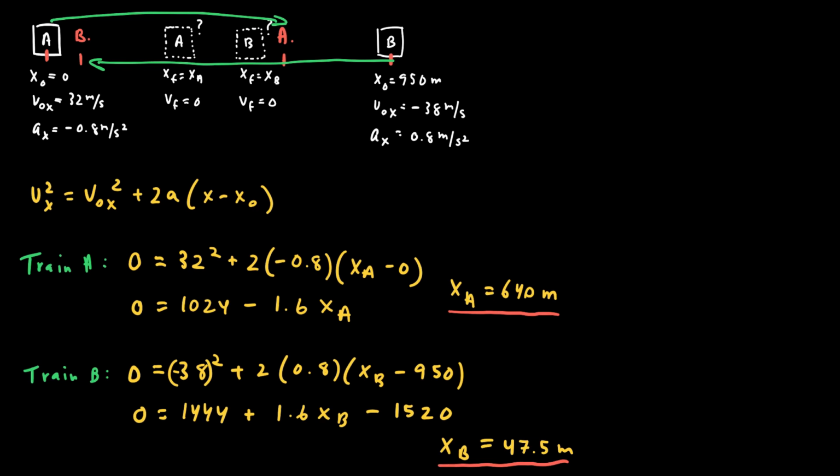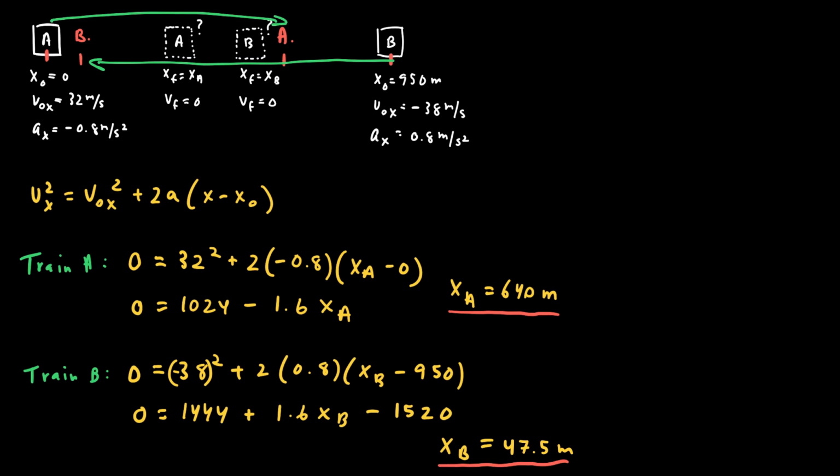So quite obviously, we see that if they were on separate tracks, the two trains would have to pass one another in order to get to their final positions. And this is assuming their initial speeds and the accelerations that the brakes on each of these trains can provide. So if those two trains were on the same track, the brakes that they have do not provide a large enough acceleration for them to stop before they would hit one another.